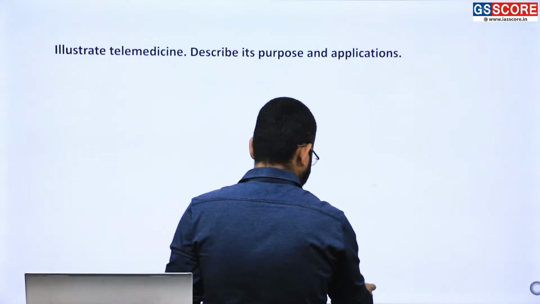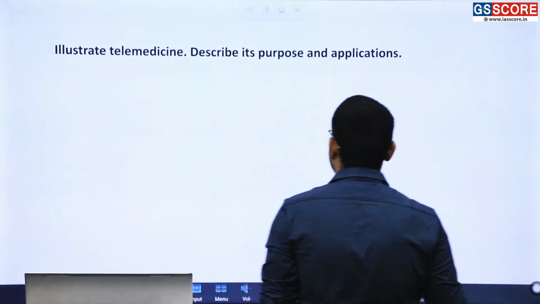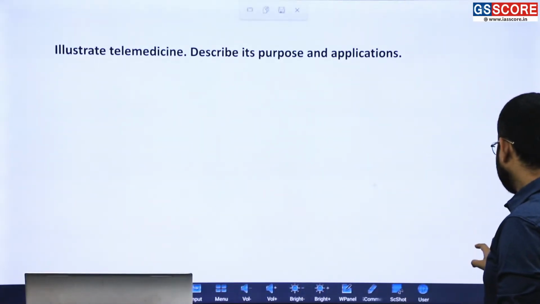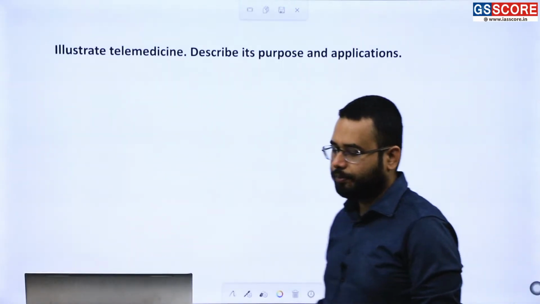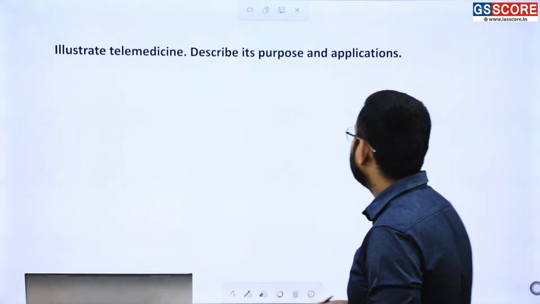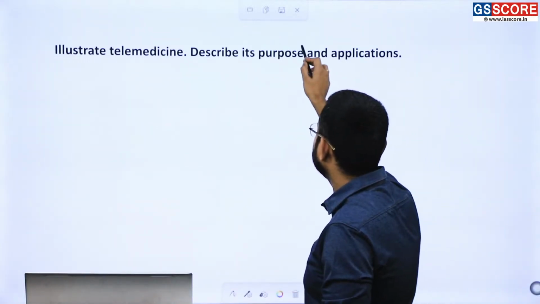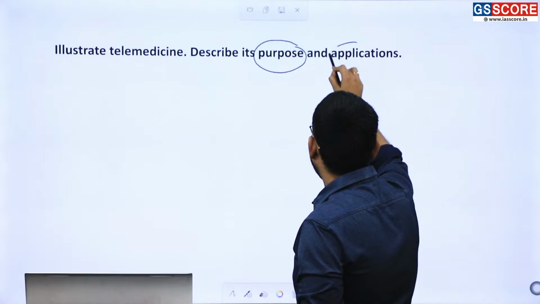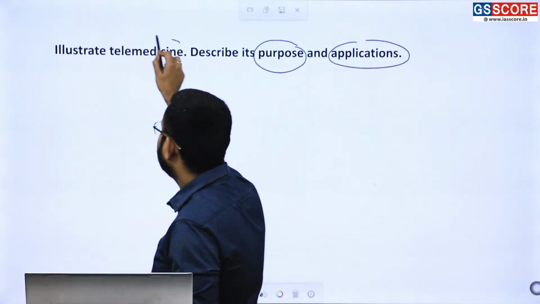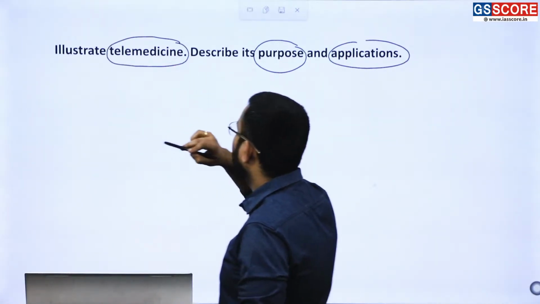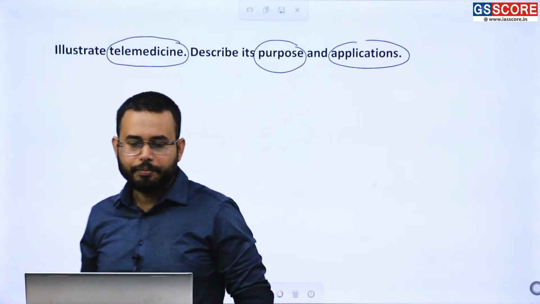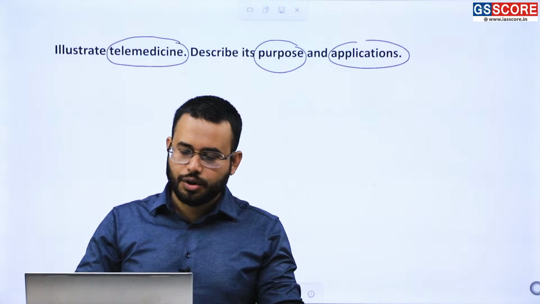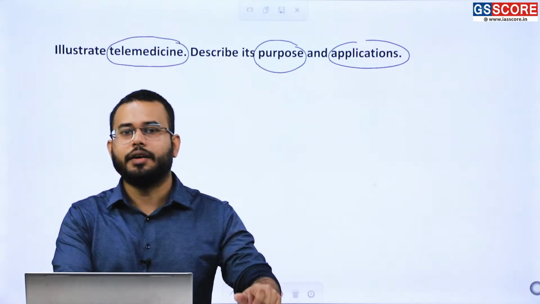One question is there from science and tech, which is talking about telemedicine and asking to describe its purpose and application. Purpose and application of what? Telemedicine. Why have they asked this question? After COVID we have seen large scale utilization of remote diagnosis and treatment.